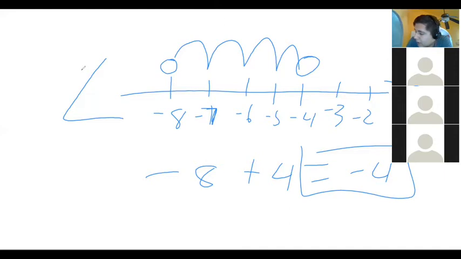Sometimes it depends on how you look at it, but for the most part, let's say, sorry, -7 plus 6 as an example.